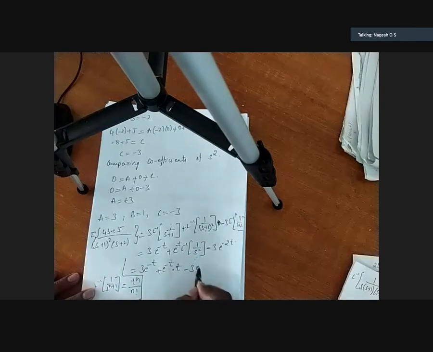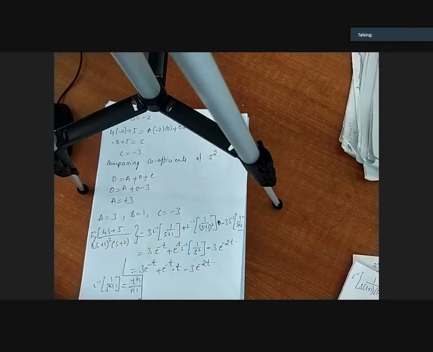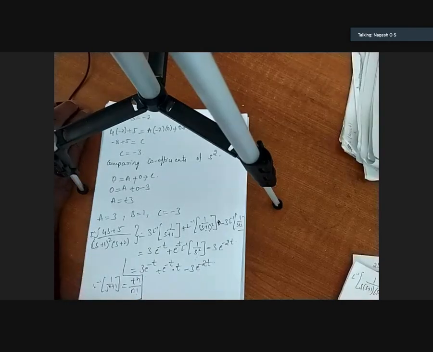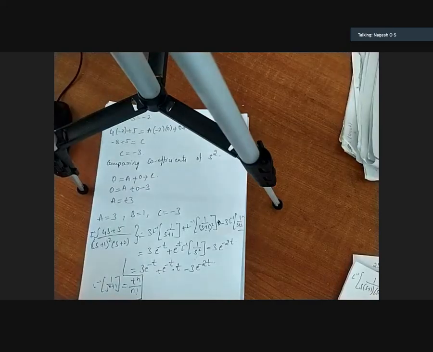Okay, this is the answer for this problem: 3 e power minus t plus t e power minus t minus 3 e power minus 2t.